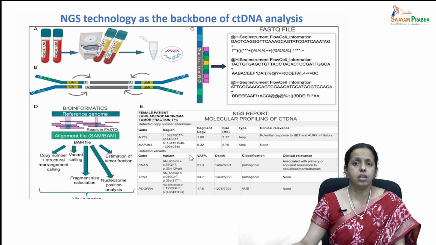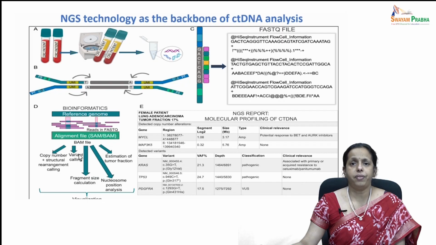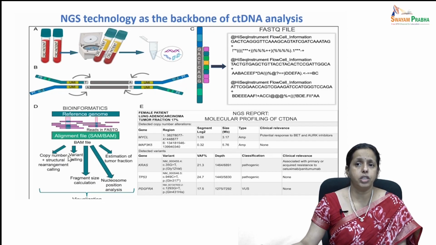This alignment is referred to as your SAM file, which has a binary counterpart called your BAM file. The BAM file contains all the information in the original FASTQ file along with the mapping information of the read, such as the genomic coordinates to which it is aligned.